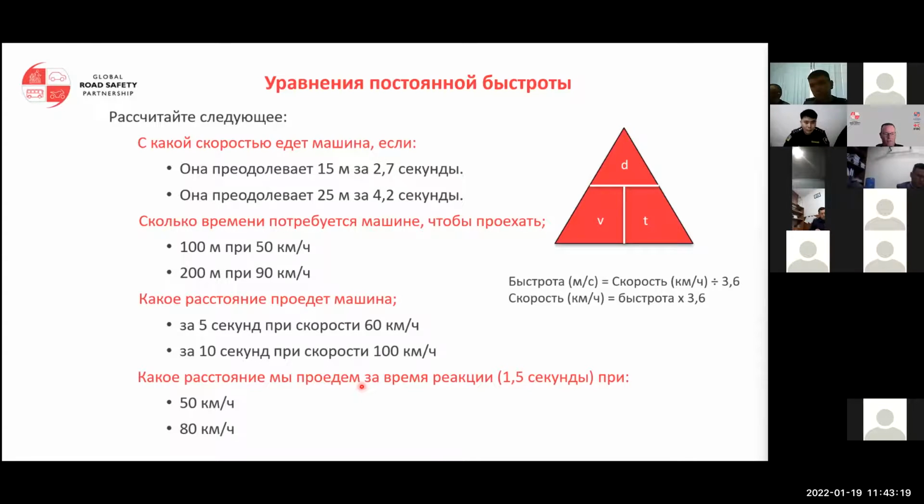So if you're traveling at 100 kilometers per hour, at 27 meters per second, times 1.5, you will be traveling nearly 42, 43 meters during your reaction time.